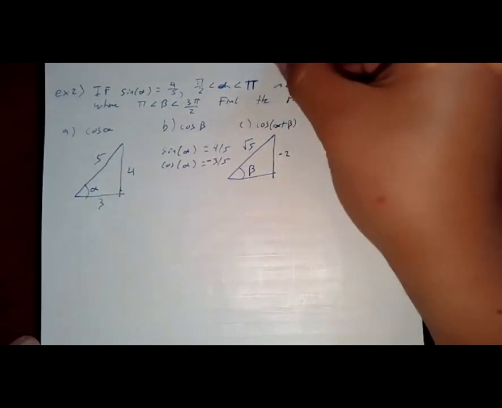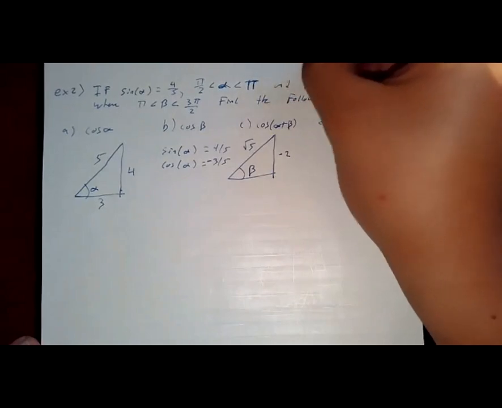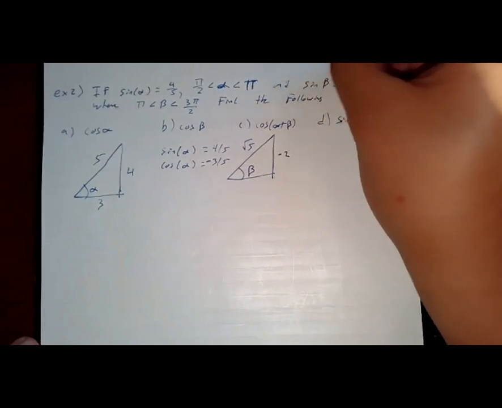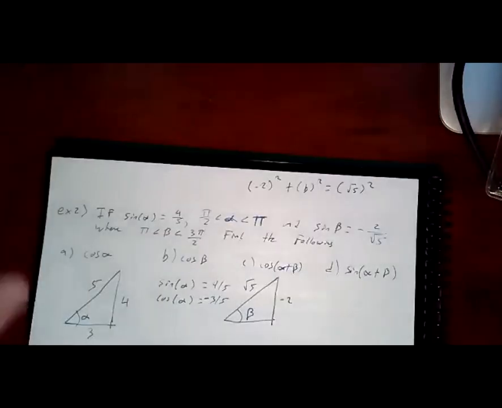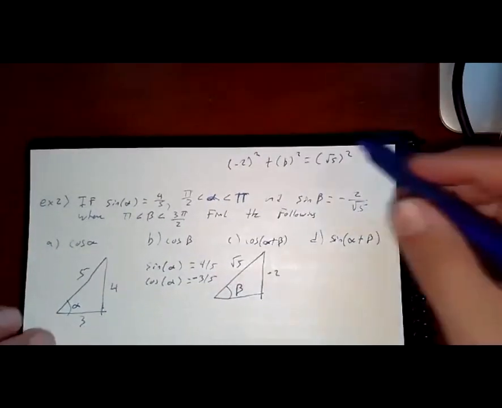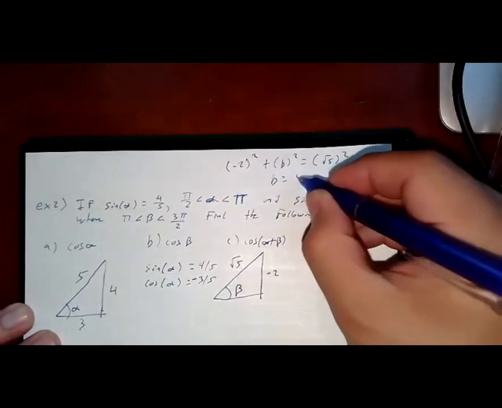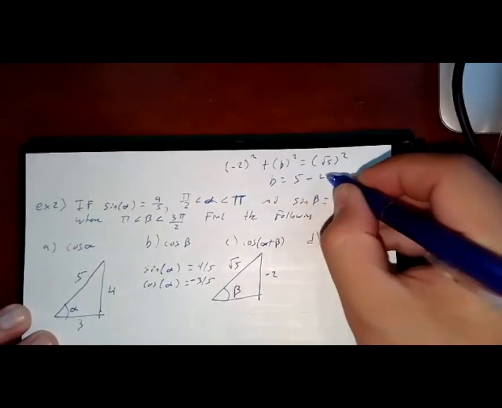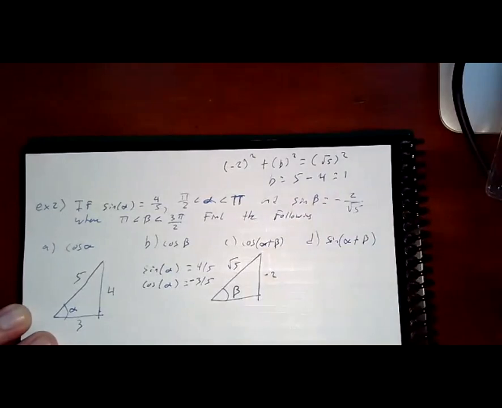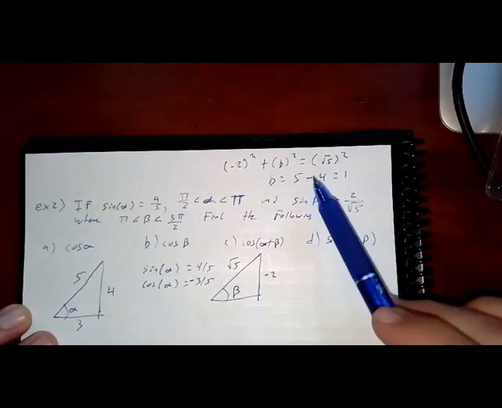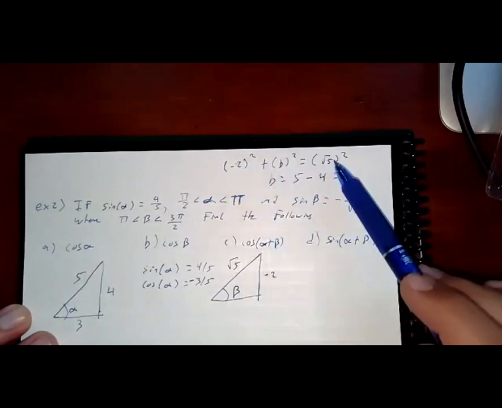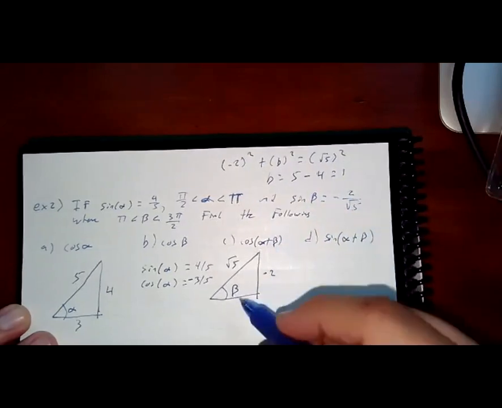So a squared plus b squared is equal to c squared. I'm going to do just some scratch work over here. So b squared will equal 5 minus 4, which is 1, right? This squared is 5, this squared is 4, subtract it over 1.